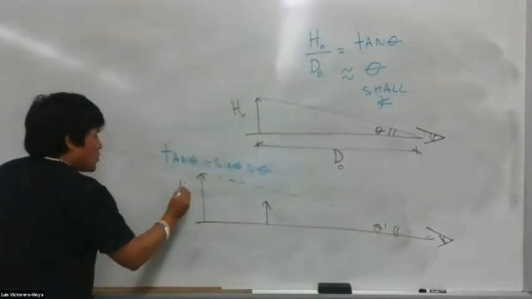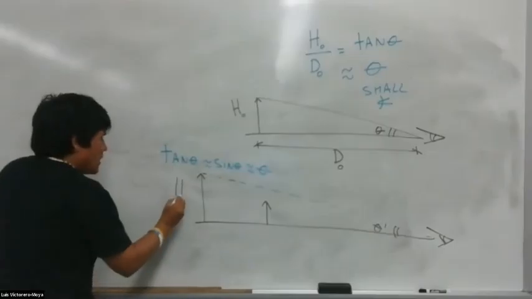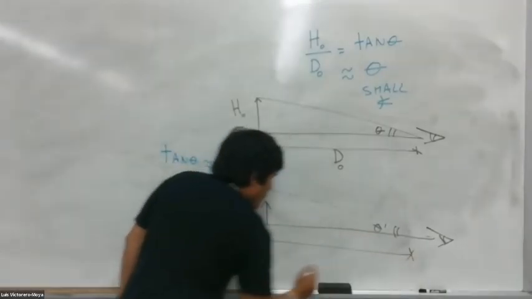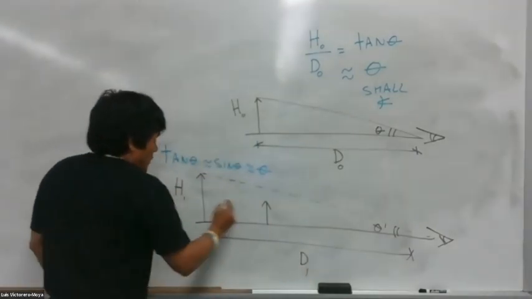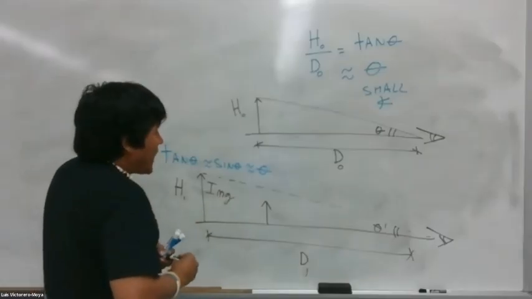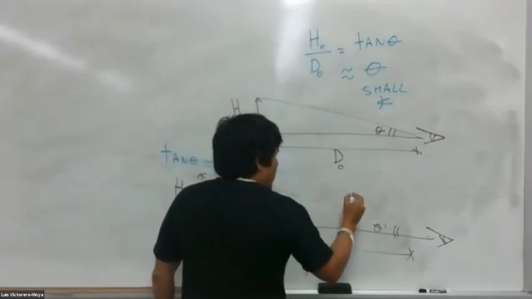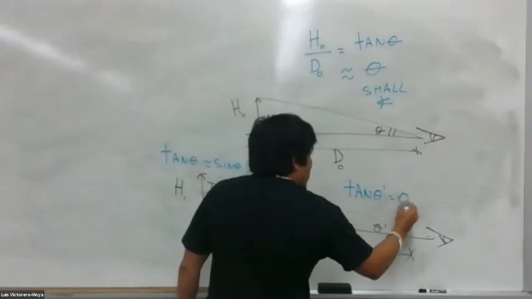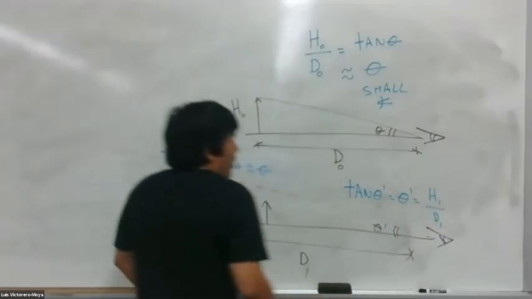This is H. Let's call this H1, and let's call this D1. So again, this is the image. The size will be tangent of theta prime, which is theta prime, equal to H1 over D1.